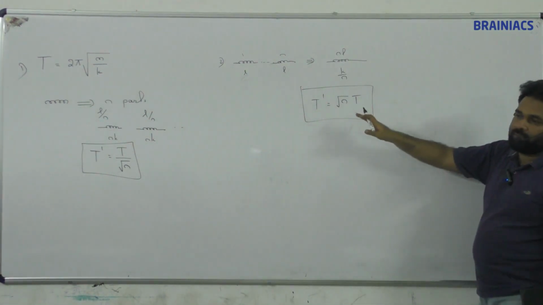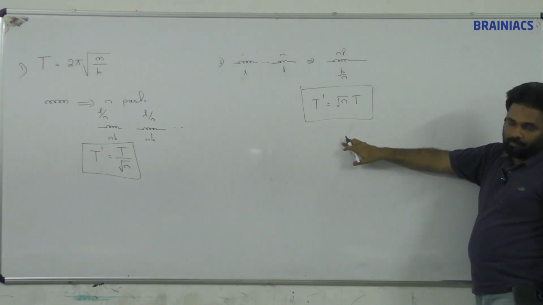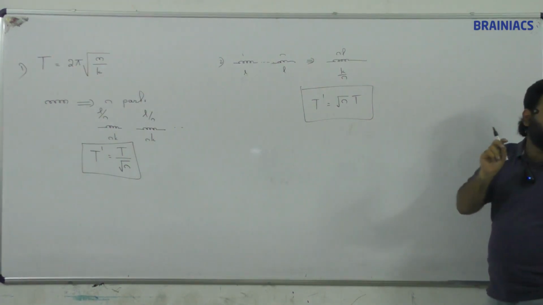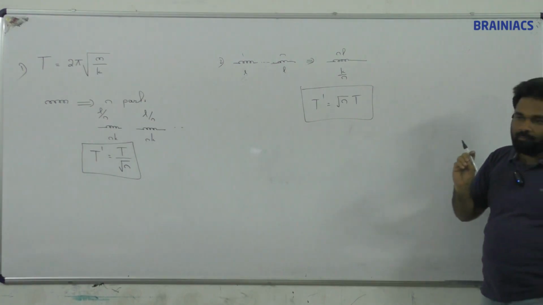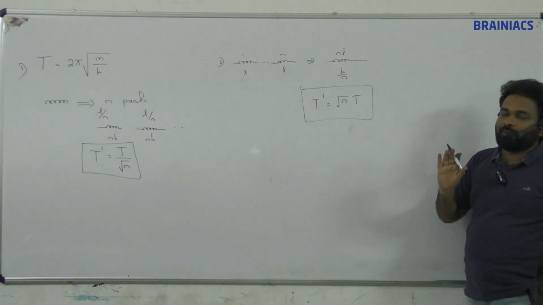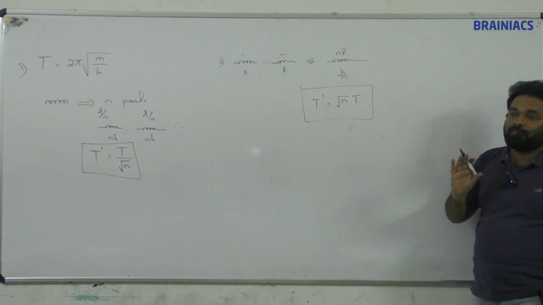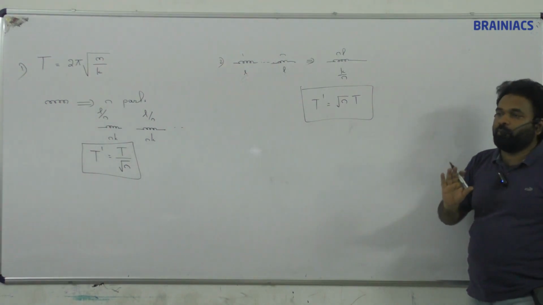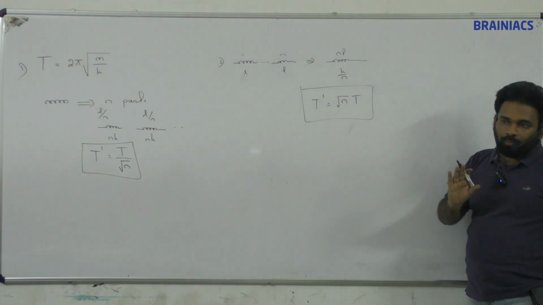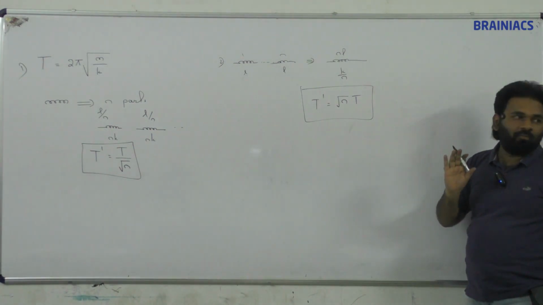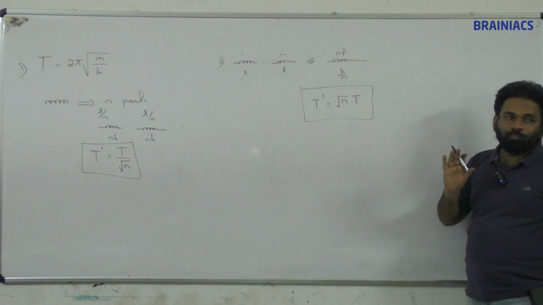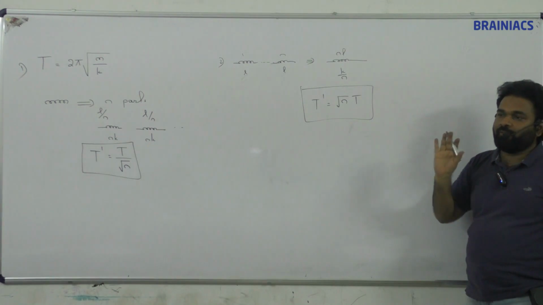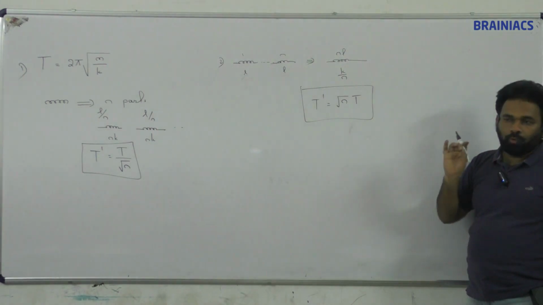Practice problems related to this so that you can save time. At least if you are able to save 30 seconds from 10 questions, how much are you getting? 5 minutes. In that 5 minutes, if you are able to do 7 questions, how much mark difference will be there? 7 into 4, 28 marks.